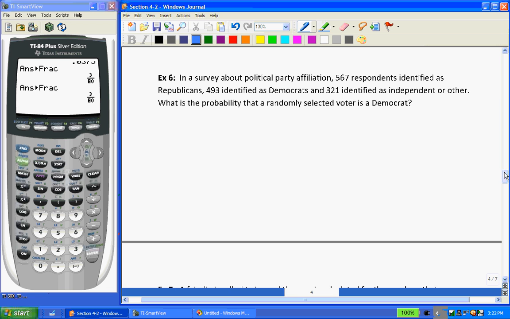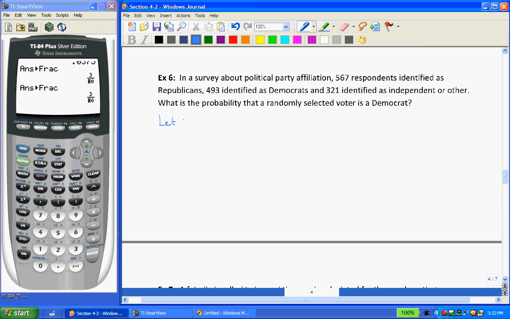Okay, example 6. In a survey about political party affiliation, 567 residents identified as Republicans, 493 identified as Democrats, and 321 identified as independent or other. What is the probability that a randomly selected voter is a Democrat?